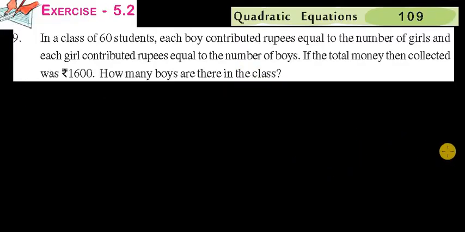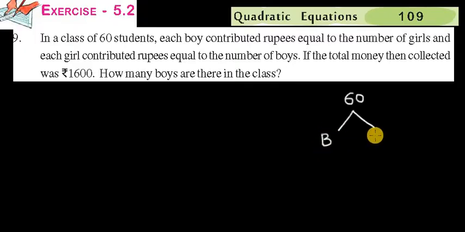So this question is as practical as that. It may happen in our classes also. First of all, the total number of students we have is 60. Let us divide this 60 in two ways.